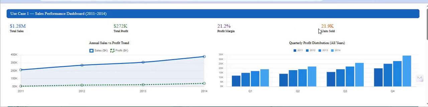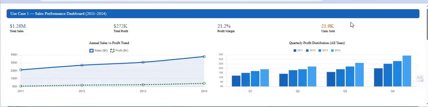Now the next is 21.9K units sold. So approximately 21,900 products were sold over 4 years. This tells us the volume of the business. High volume with low margin means we need to sell a lot to survive, right?